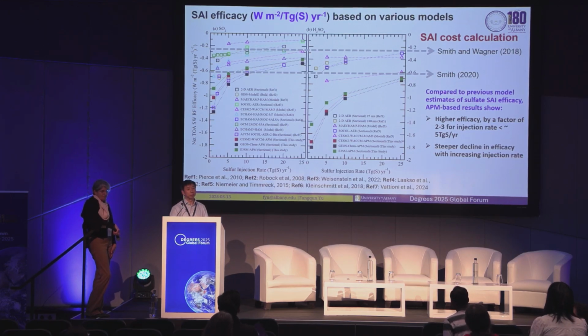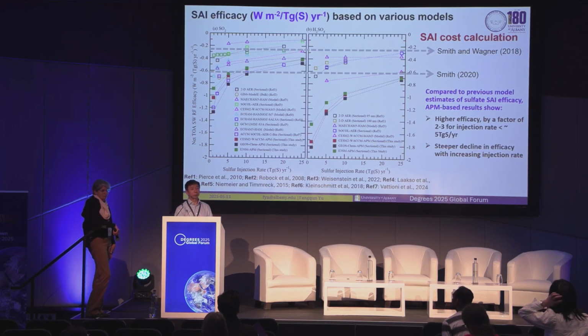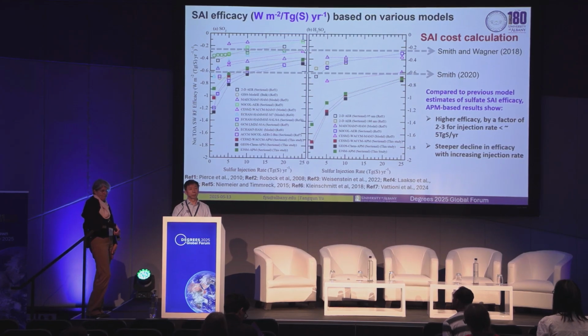Can you elaborate a little more on why you have lower net shortwave efficacy as you increase the rate? And the second one is, are there any plans to evaluate your model results, which are quite different from the previous ones?